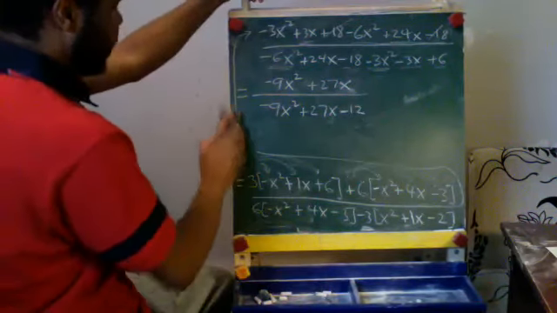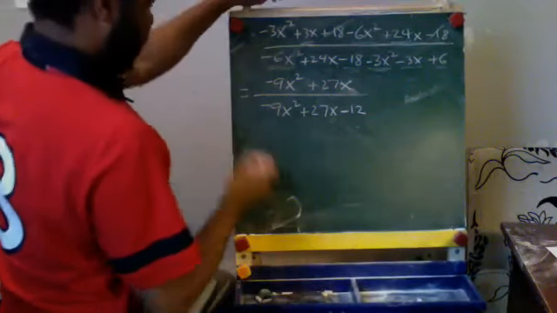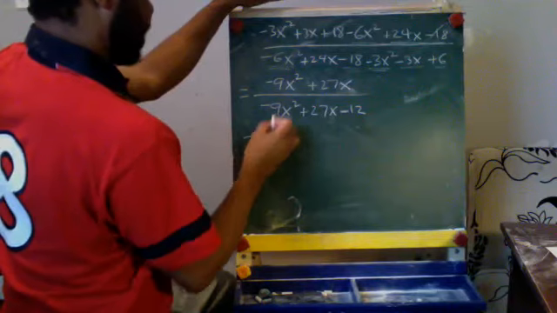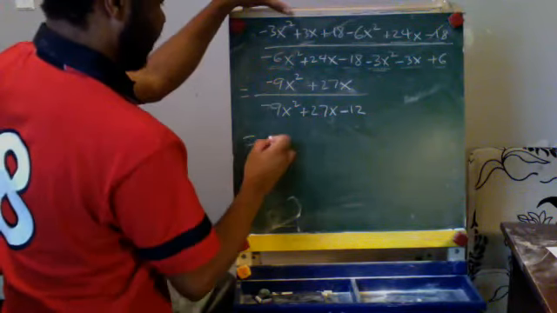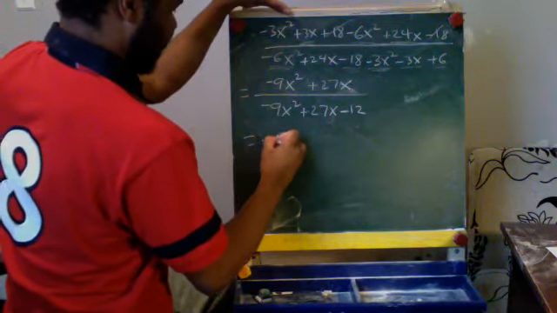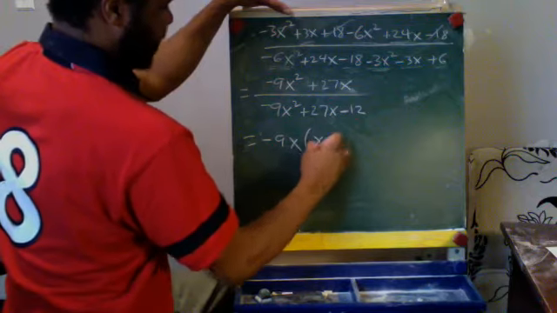All right. So now I can factor up here. I can actually factor out a negative 9x, just going to leave with x here.